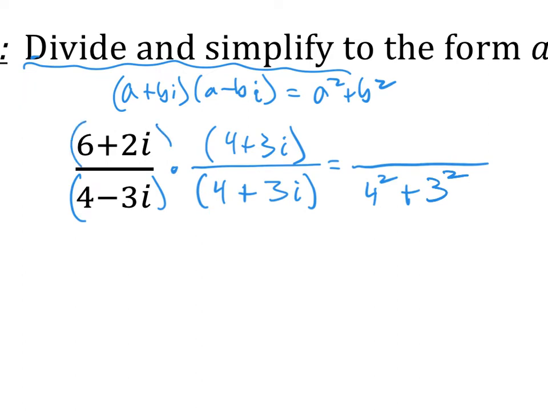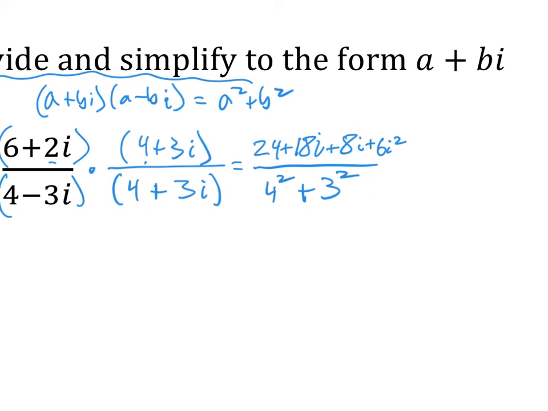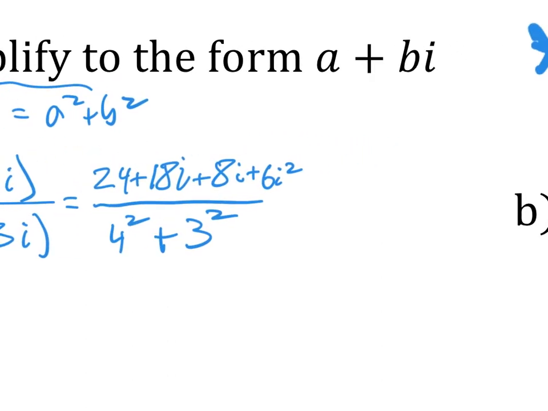Now the top I'm going to have to multiply out. So we've got 6 times 4, 24. 6 times 3i, 18i. 2i times 4, and that'd be 8i. And then the last one gives us 6i squared. All right. Rolling along here.